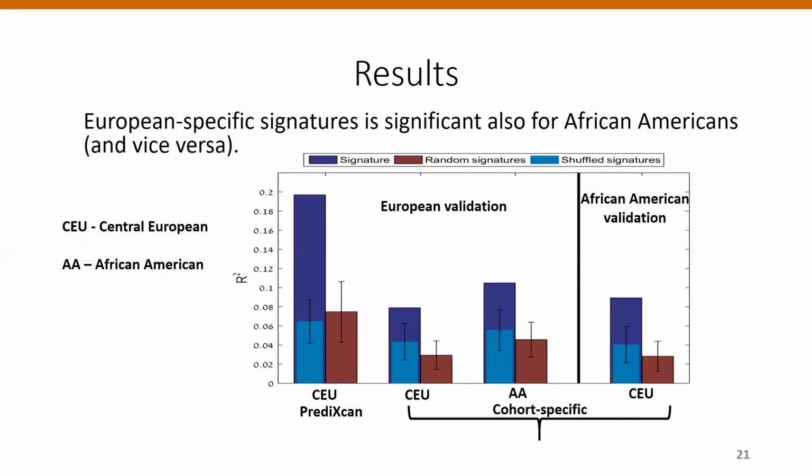We suspect it might be that we didn't capture all the relevant gene tissue pairs, and that's why we were not better than random signatures, which were also taken from the 116 genes that we already know are significant for Warfarin. So these are the results.